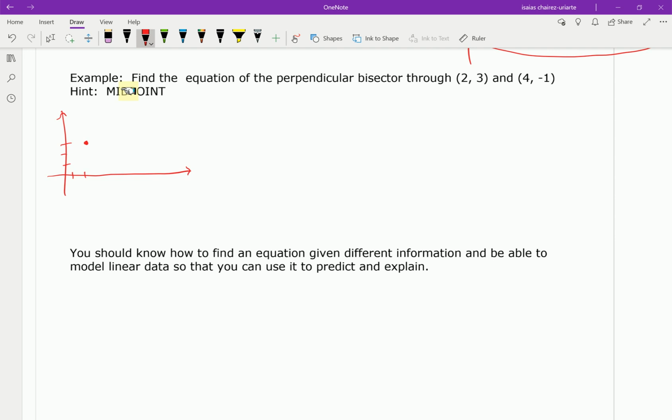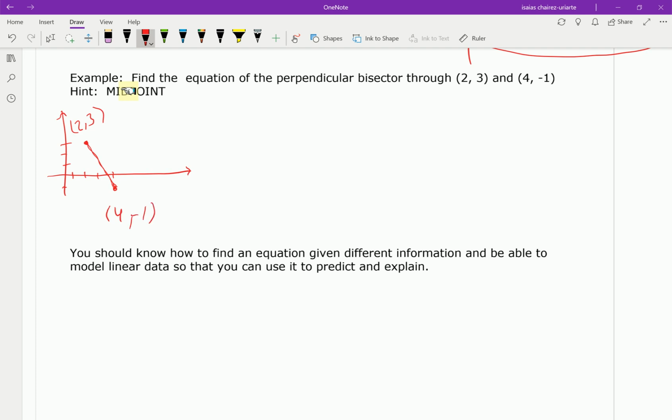So that's one of my points. That's 4, -1. And I'm thinking about the little line that joins them right there. So I have the points 2, 3 and 4, -1.